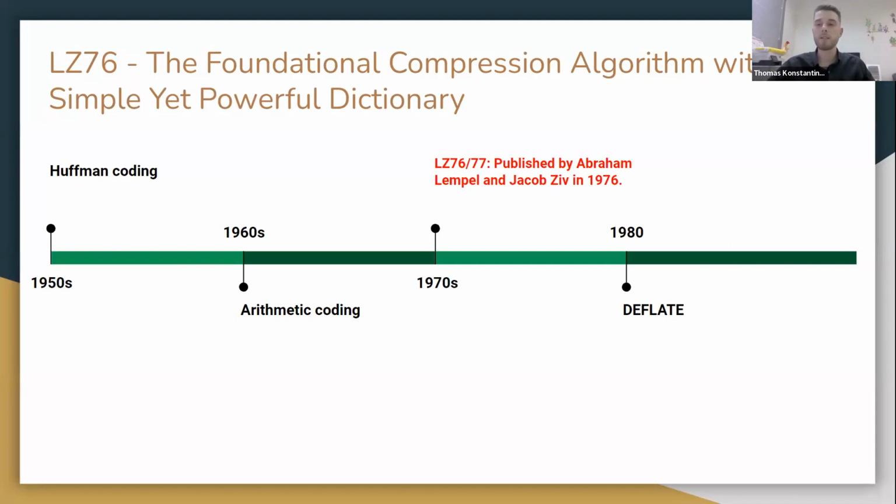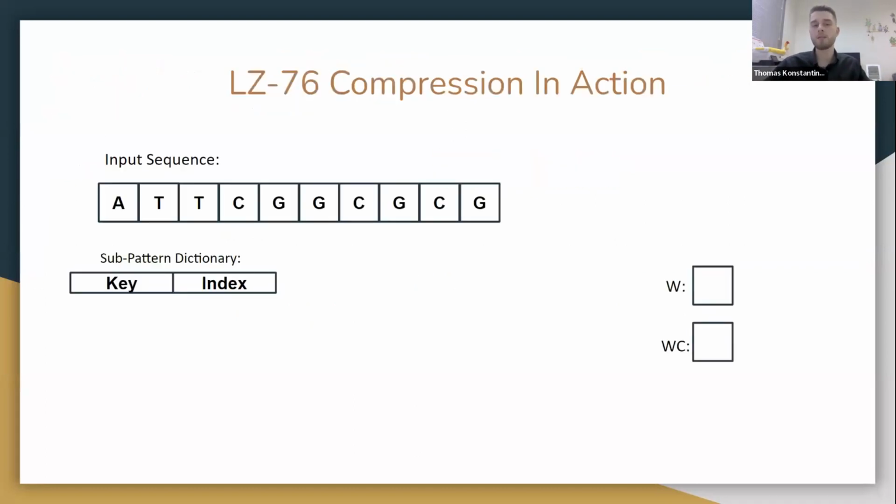So having this algorithm at hand, it's worth looking at an example so we can get a feeling of what it actually produces and to better understand how we build our model upon this representation. Basically, given a sequence of nucleotides in our case, the LZ76 algorithm reads the sequence from left to right. Each time it encounters a new pattern, it adds it to a dictionary.